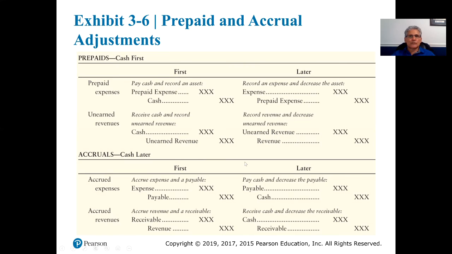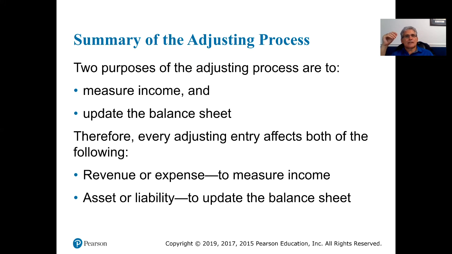Same thing with accruals. The summary of the adjusting process is there are two purposes of the adjusting process. One is to measure income. So adjust income, whether it's revenue and expenses, adjusting those accounts so that we have a proper understanding of how much money was actually made during that period of time. And then update the balance sheets.